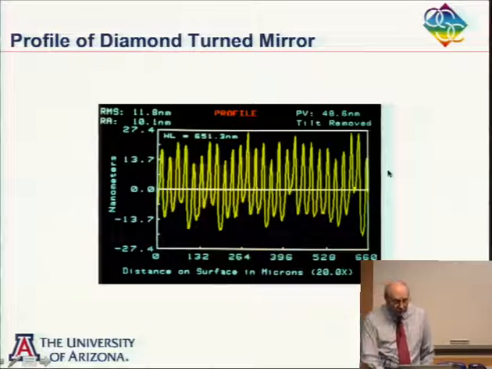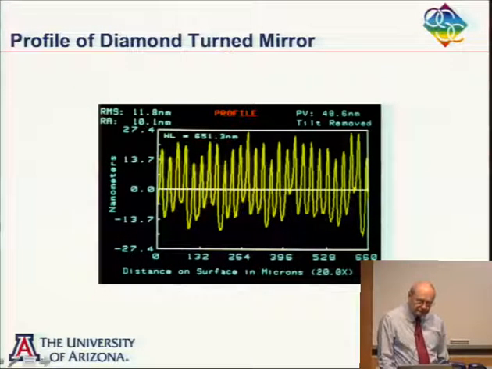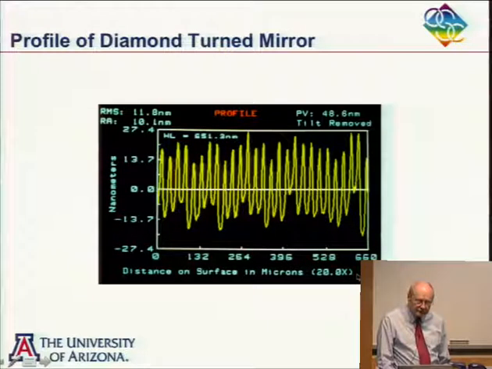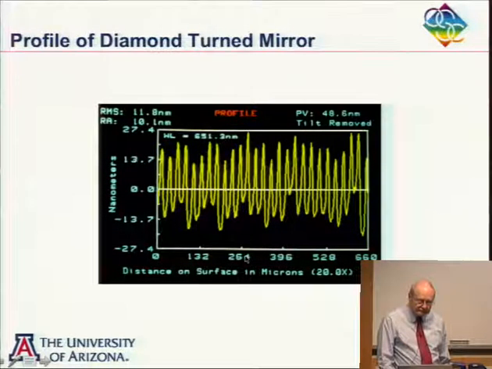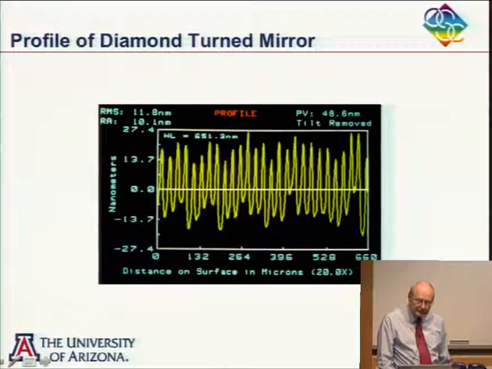So a Mirau, most likely a Mirau was used in this measurement here, and the field here is 660 microns. So the reference surface in the Mirau had to be just a little bit larger than that.